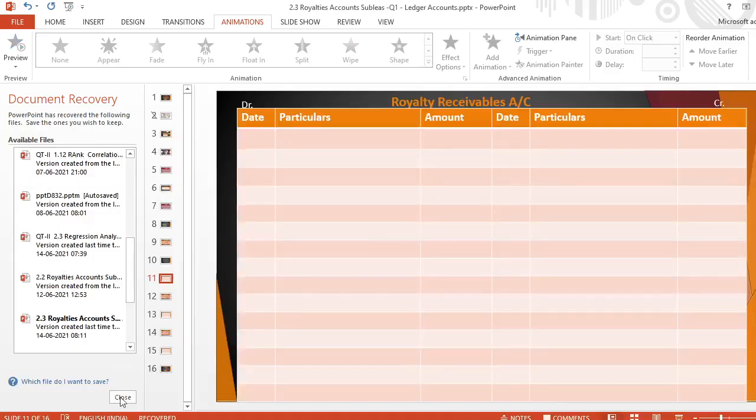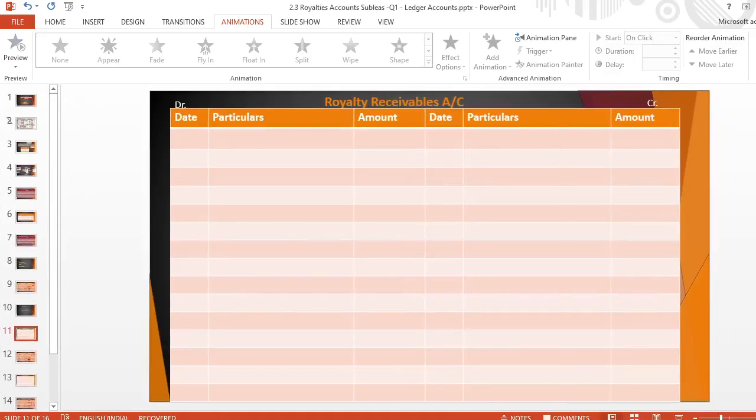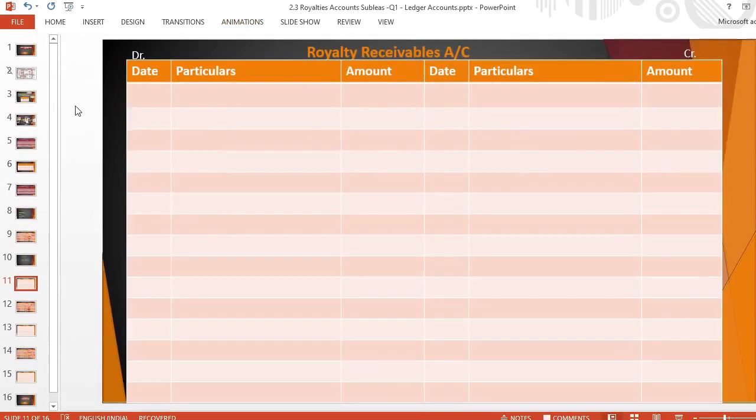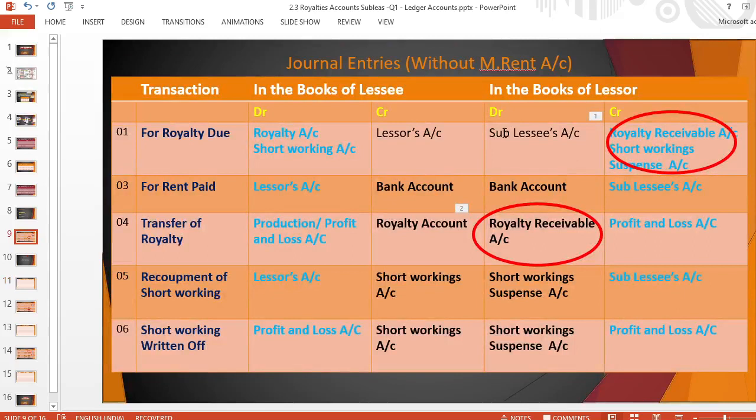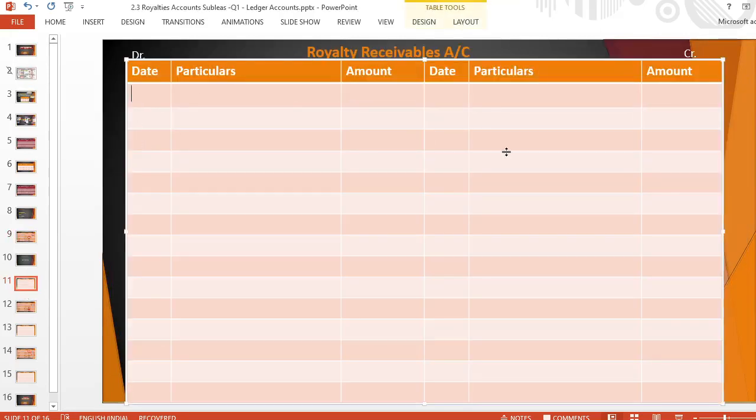So here, for royalty due, the first entry, sub-lessee's account debits to royalty receivables account. So, in the books of lessee, the first year, 2016, royalty receivables account.